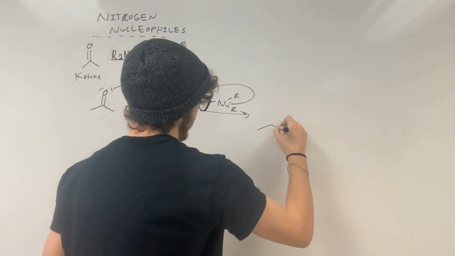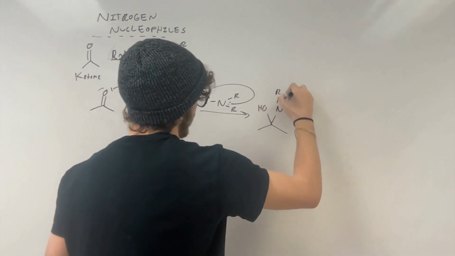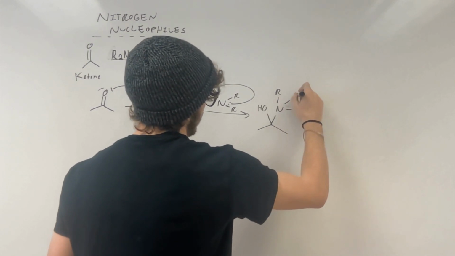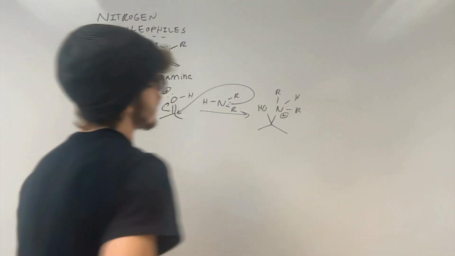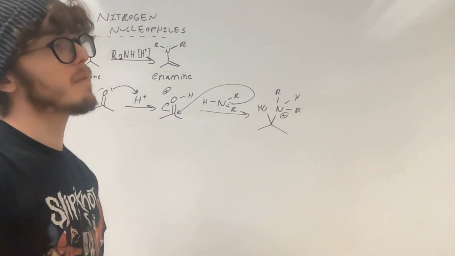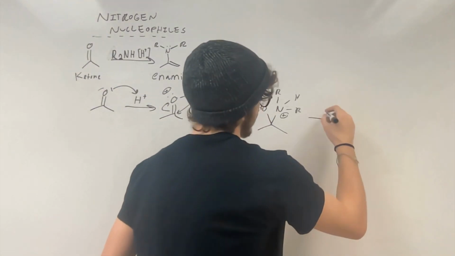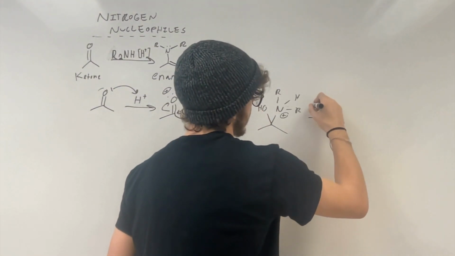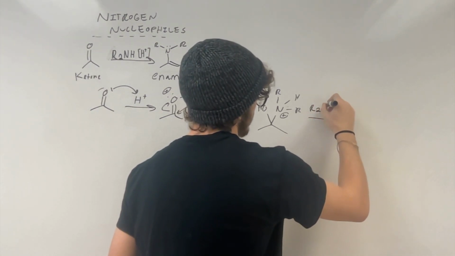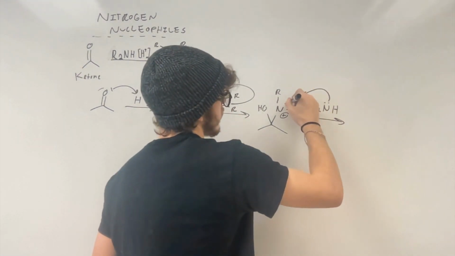So let's show that. Okay, so nitrogen now has a positive charge. How can we make nitrogen happy? Well, we can do a simple step of deprotonation. So let's take some of our secondary amine as a base and deprotonate.